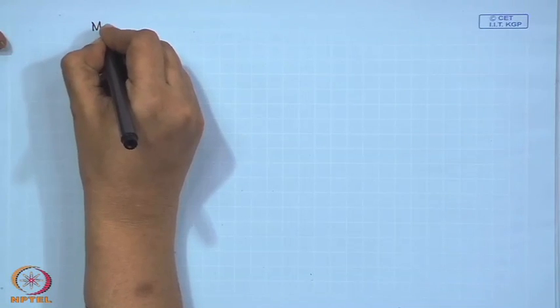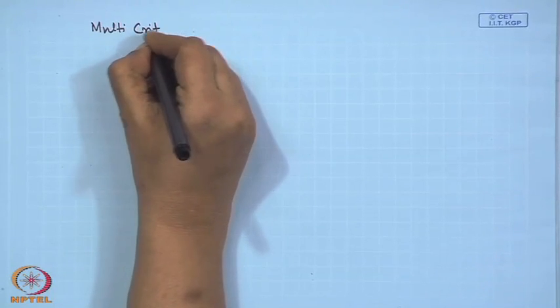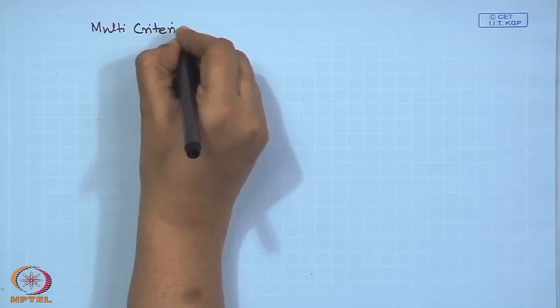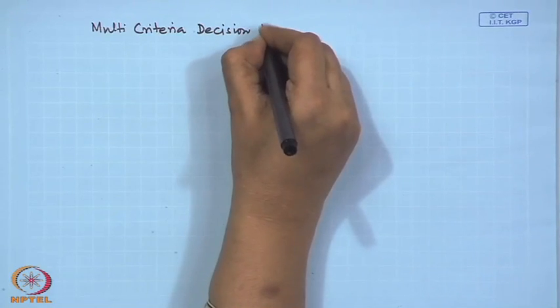Since we always face this kind of conflicting objectives, we deal with a special kind of optimization technique called the multi-criteria decision making problem, in short MCDM, where we deal with several criteria, several objective functions together.